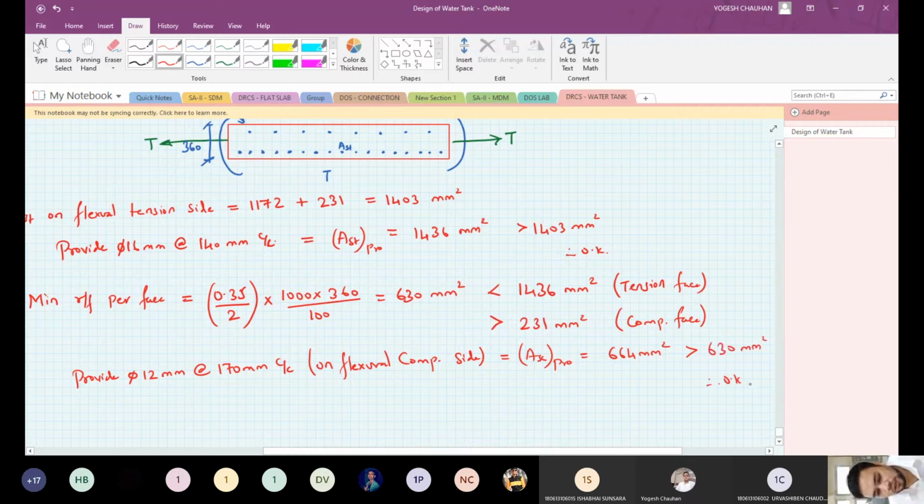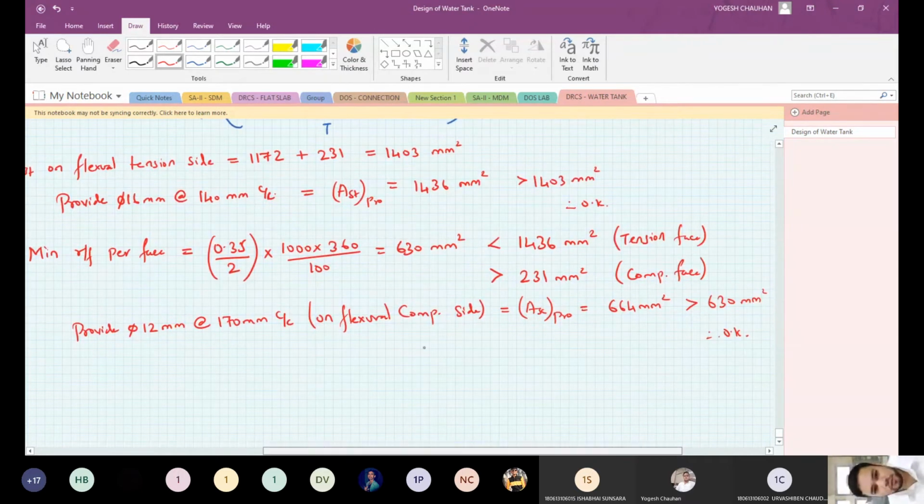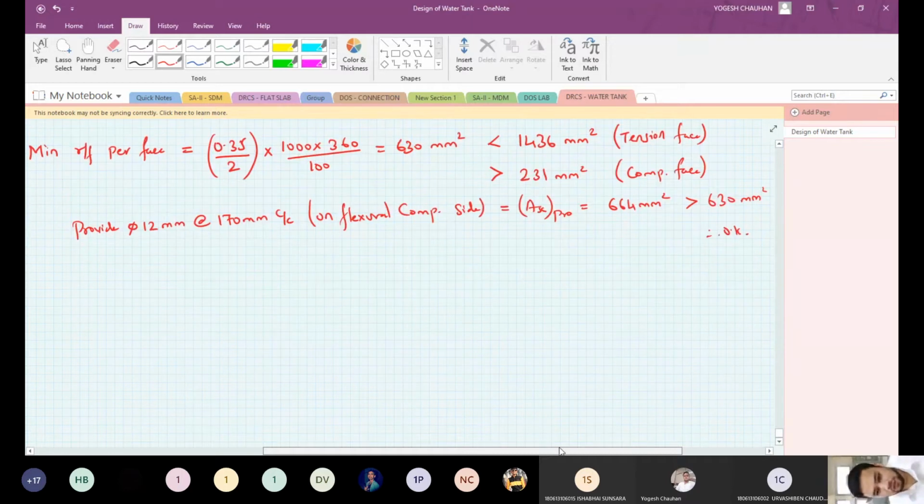That is also okay. So we now have provided the amount of steel on both the faces, and we have the section depth also.